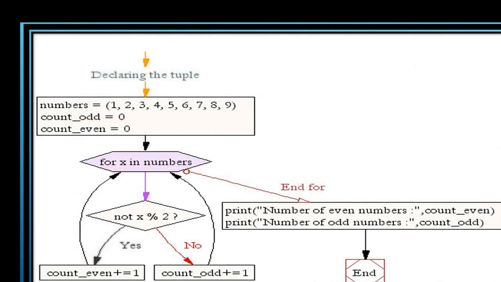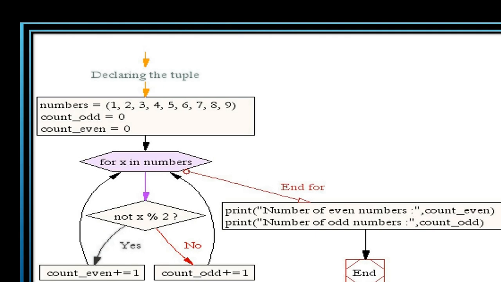We have a flowchart for the program to count the number of odd and even numbers using a tuple. First statement is declaring the tuple, and we have created a tuple and counts for odd numbers and even numbers. I have 2 variables and I have initialized them to 0. Then we have for x in numbers, the looping part, then if not x modulus 2.